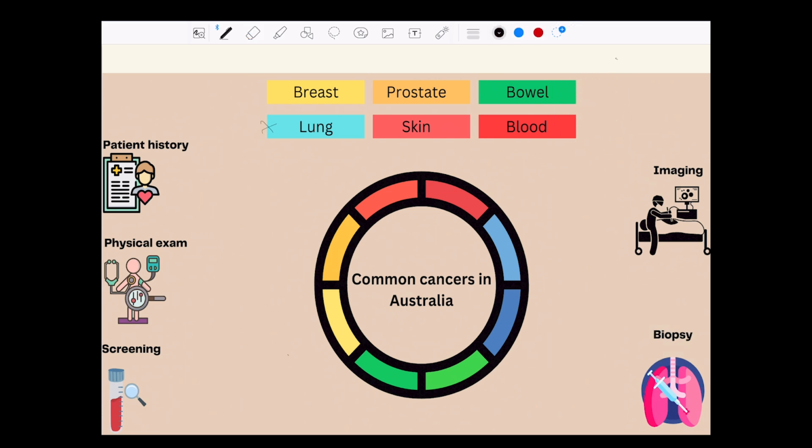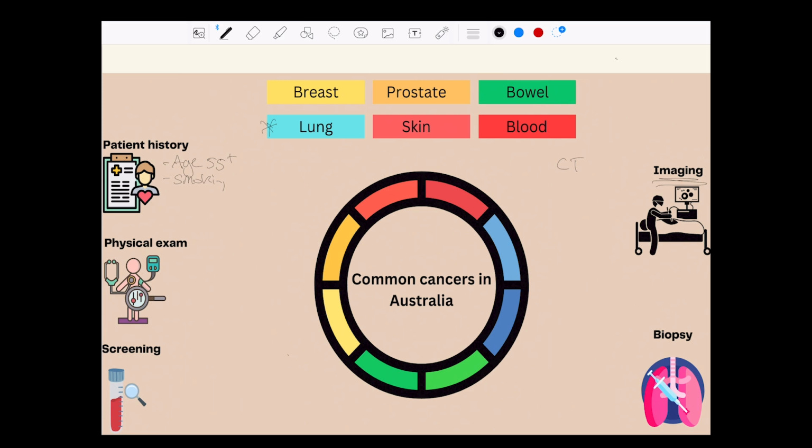So over here, lung cancer, first we'll look at patient history. So age is a strong risk factor here. So over the age of 55 would be a risk in conjunction with smoking history. So if an individual was to be over the age of 55 and had a strong smoking history, the physician may look at doing an image of the chest, particularly a CT scan.